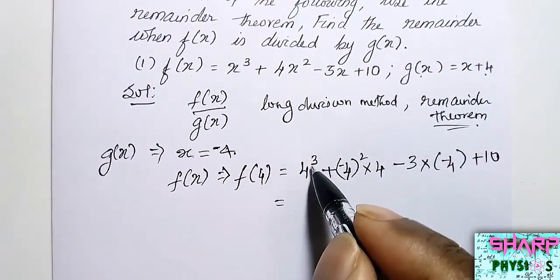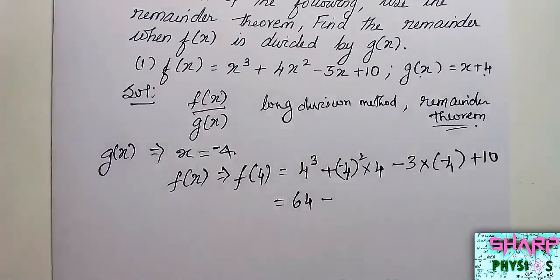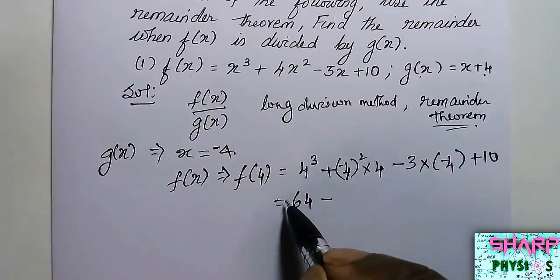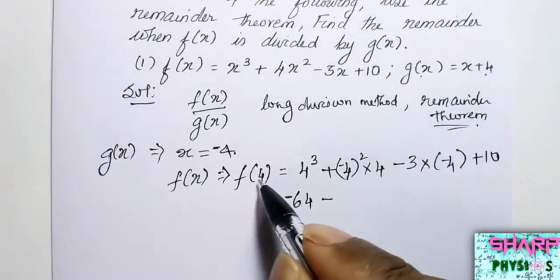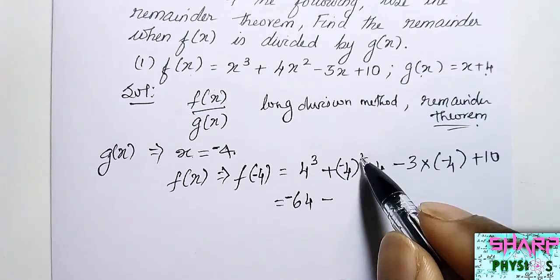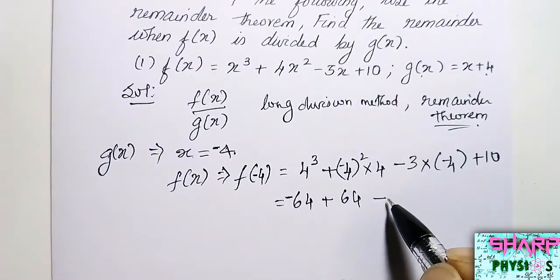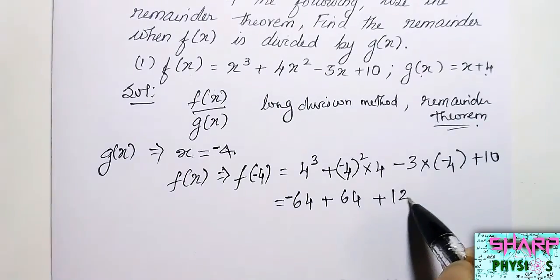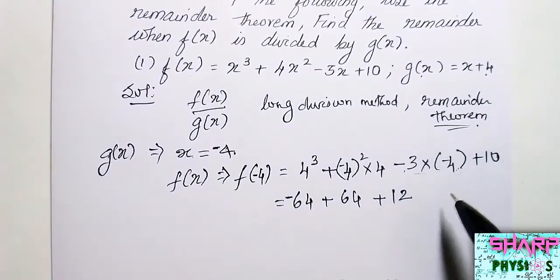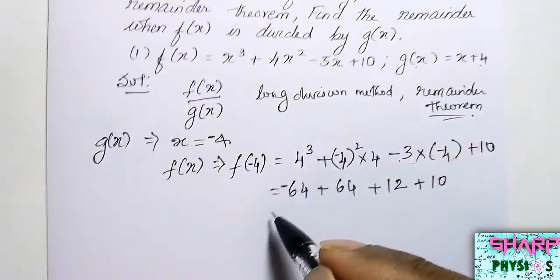So this will give a result of minus 64, because it's minus, plus 16 into 4, again you get 64, plus 12, 3 into 4, the two minuses become plus 12, then 10.